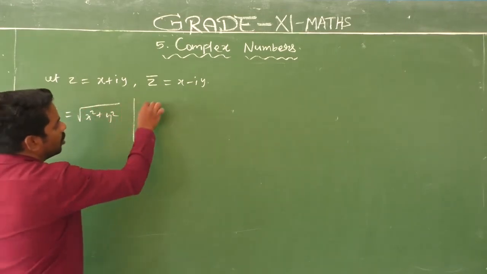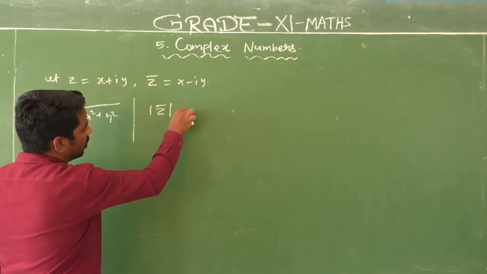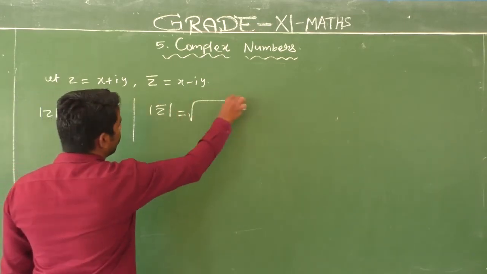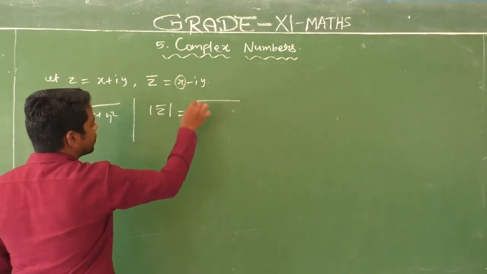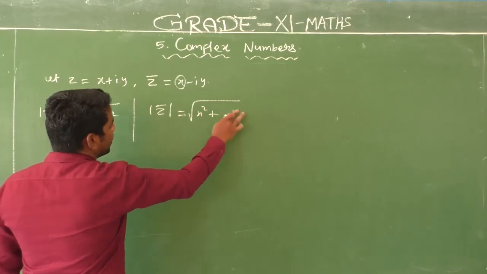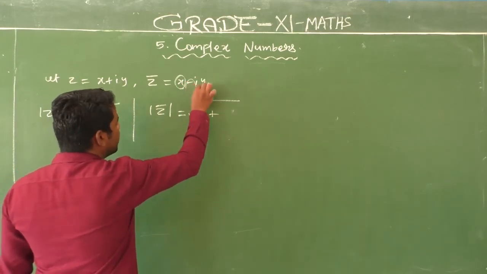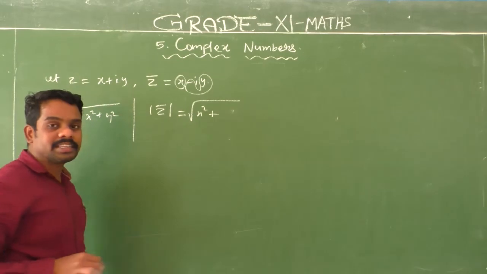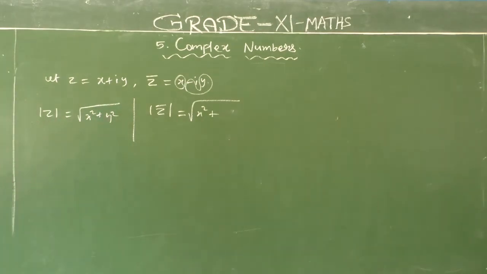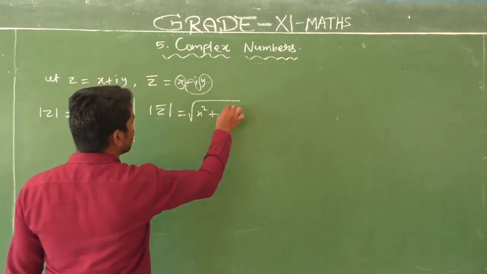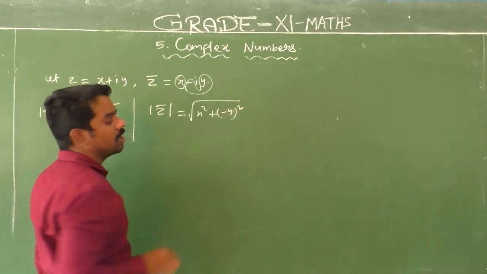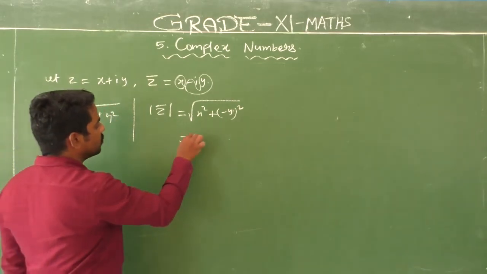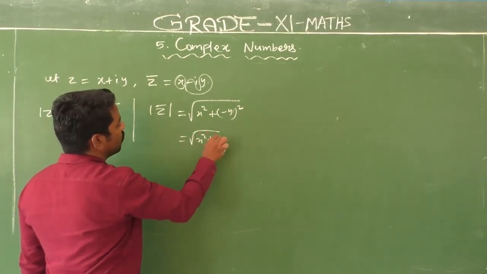And modulus of z bar is equal to the square root of, here real part is x, so x square plus imaginary part is minus y, minus y the whole square, which is also equal to x square plus y square.